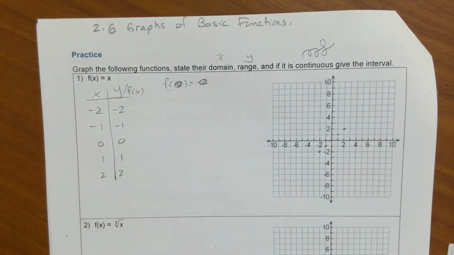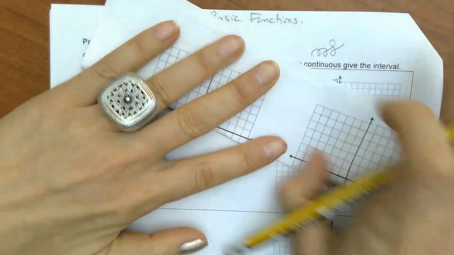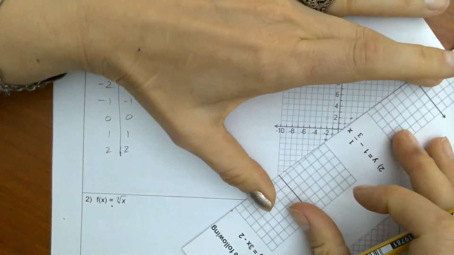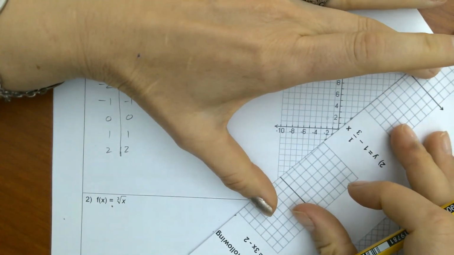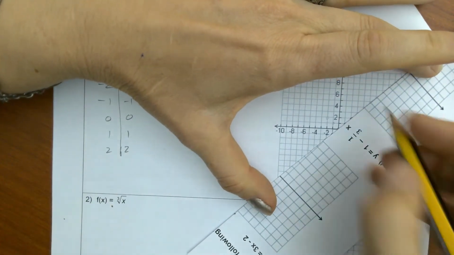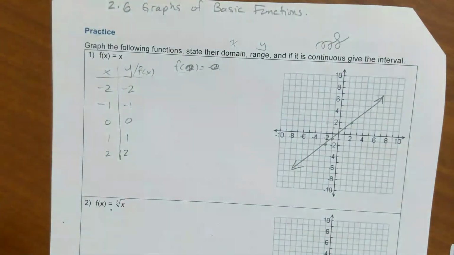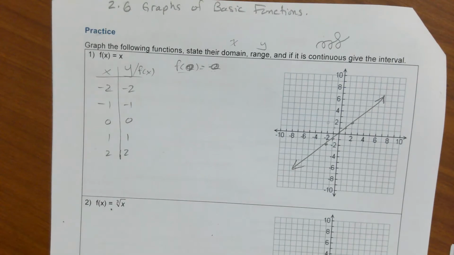I don't have a ruler, but I have some paper. To make a ruler, I just fold any piece of paper, and that's kind of stiff, and then I can do my line. Okay, so it's a straight line, so it's called a line.